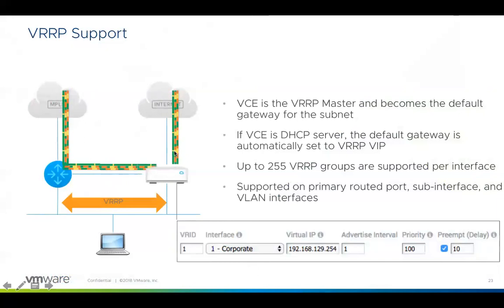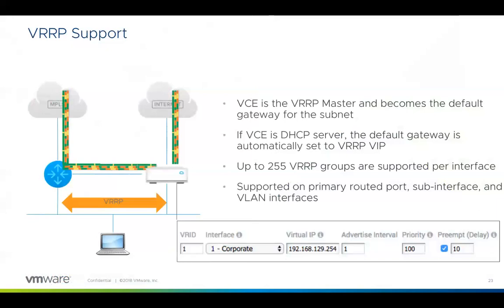Then it would have an overlay across the internet, and it would run VRP between the CE router and the edge device. By default, you want to make sure that the VCE is actually the VRP master.